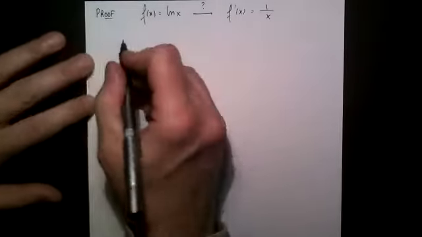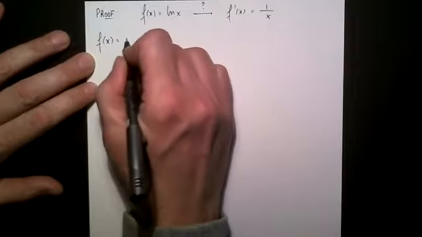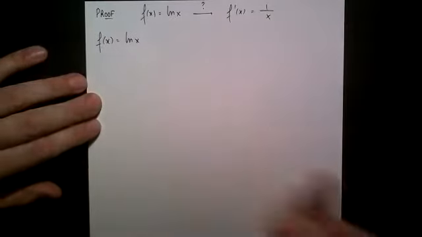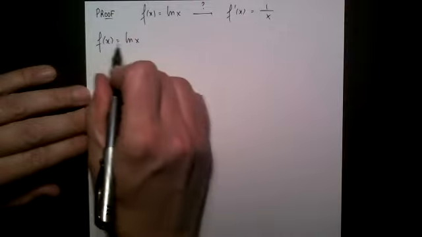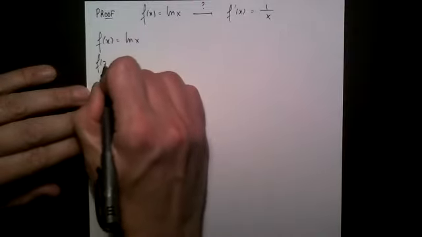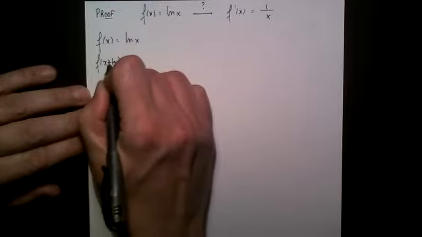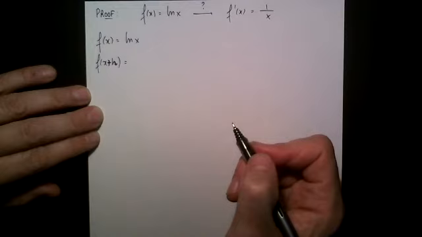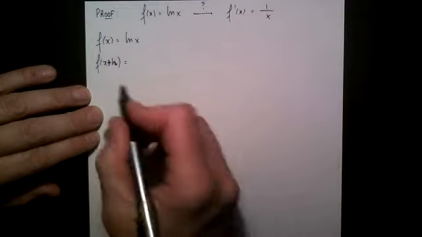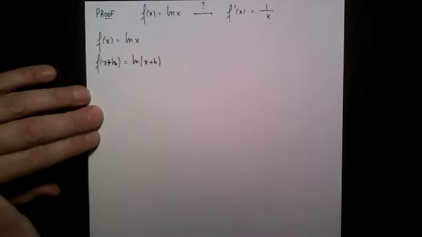Okay, so let's go. I'm going to go back to my definition of the derivative, because it's a new function for us. So f of x is ln of x, and f of x plus h is what? Ln of x plus h, good.